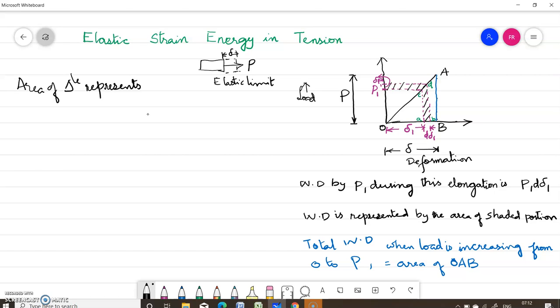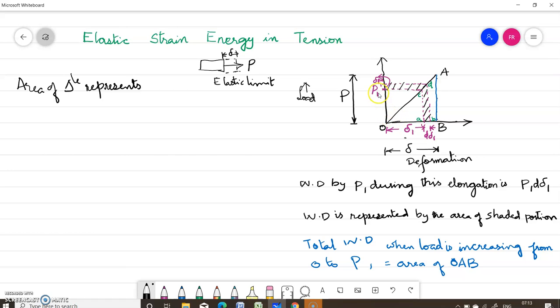Let P1 be the intermediate value of the load, and delta 1 the corresponding elongation.